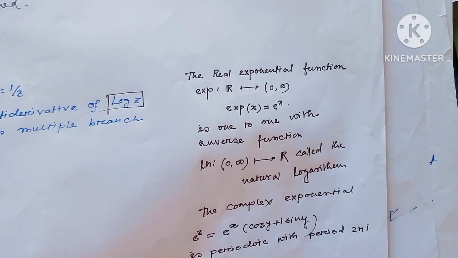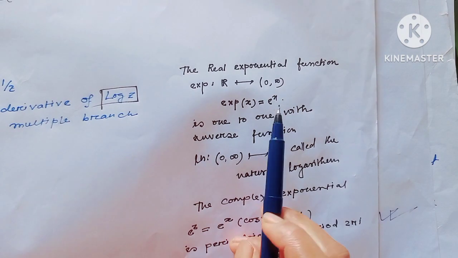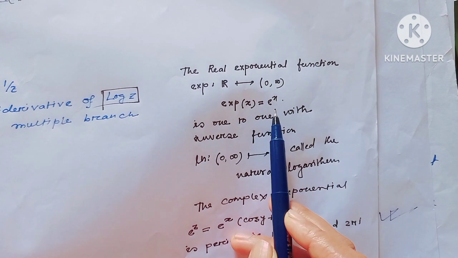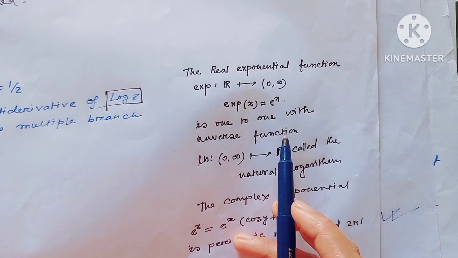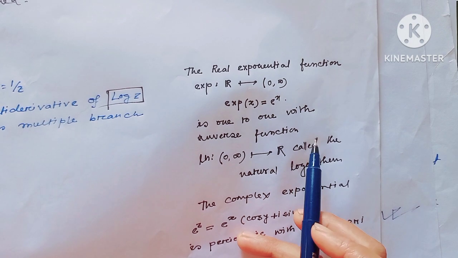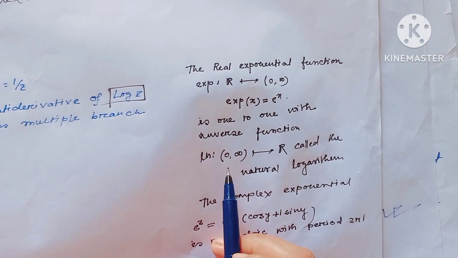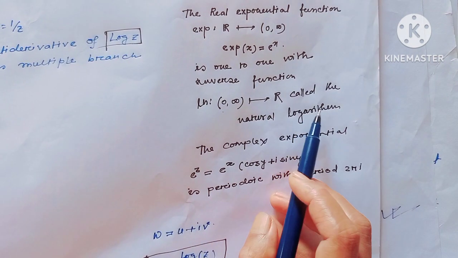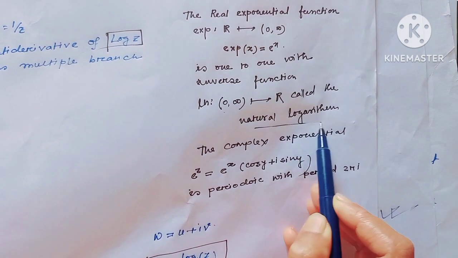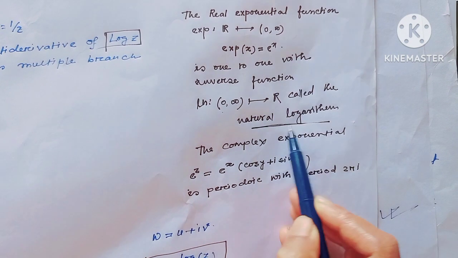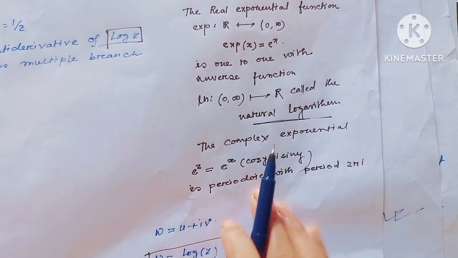Why? Because the real exponential function e to the power x is a one-to-one function with inverse function log, defined from 0 to infinity to R, called the natural logarithm, and this is in the real variable.